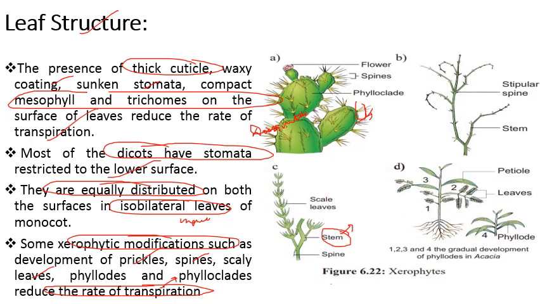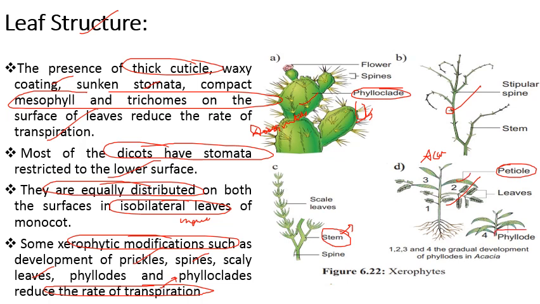So these are some stem modifications in xerophytes known as phylloclade, as in case of Opuntia. Then these are leaves which are reduced into spines. Then we have this plant called Acacia auriculaformis, which is commonly known as Australian acacia. Here the leaf petiole gets modified into a leaf-like structure and performs the function of photosynthesis.